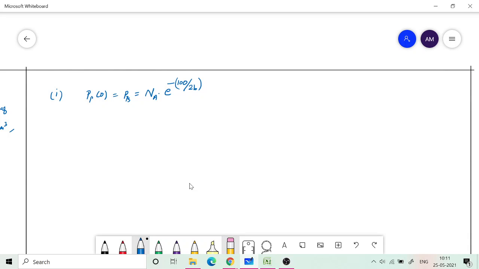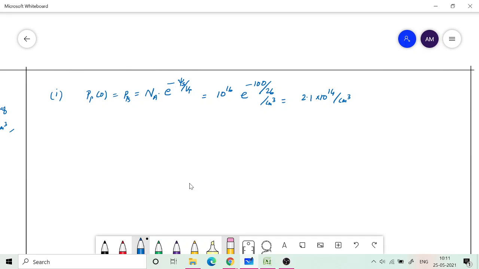Let me just initially write what it is. Which is 10 raised to 16 into e raised to minus 100 by 26, and this comes around as 2.1 into 10 raised to 14 per centimeter cube. So here the unit is per centimeter cube.